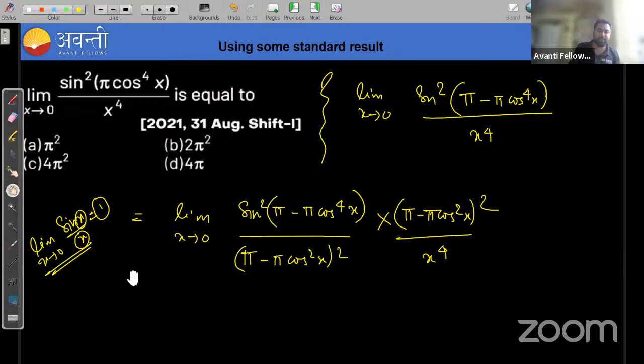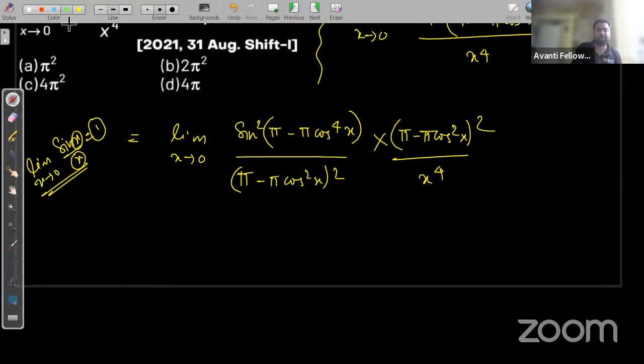Okay. So simply, if we do this, we can write it because this is working as my x by the standard results we are using, and this is my x. So here we have square and also here we have square.